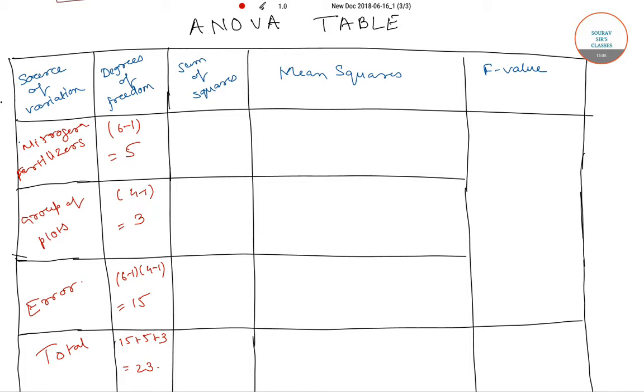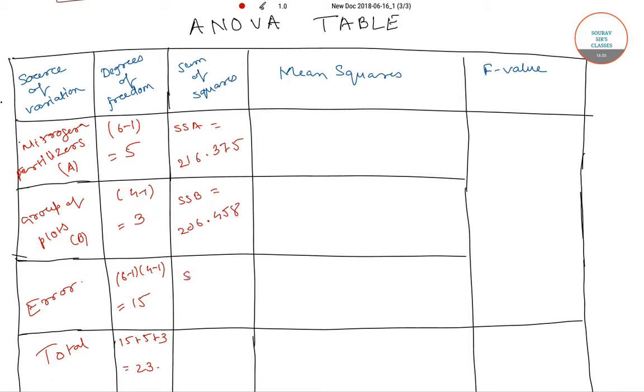Now sum of squares. Sum of squares due to nitrogen fertilizer is SSA, as I calculated before, which is equals to 216.375. Due to group of plots, it is SSB, which is equals to 206.458.